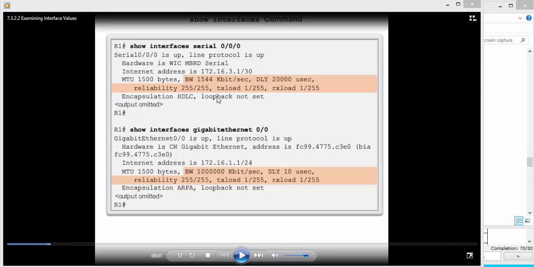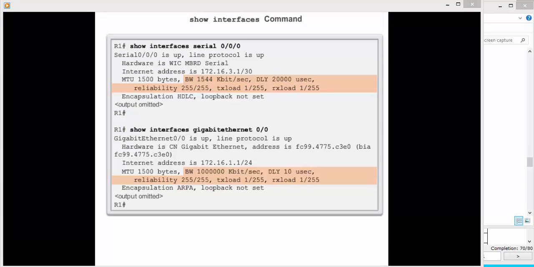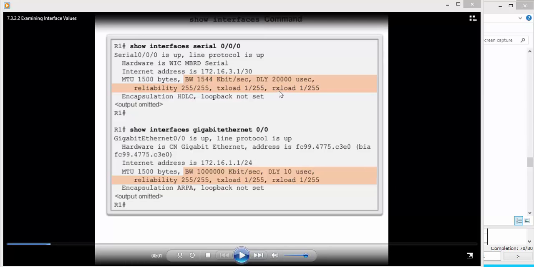Another two important factors here are the receiving load and transmission load. Transmit and receive loads on the interface are shown as a fraction of 255.